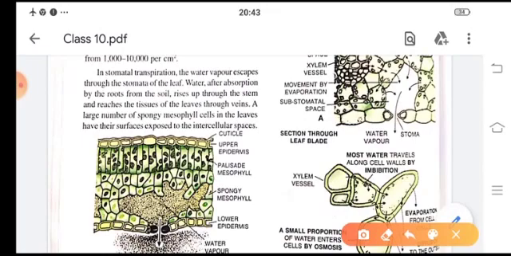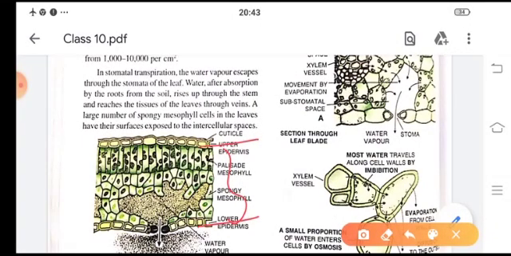Palisade cells and spongy cells are present between the upper and the lower epidermis, and the water which escapes from the cells gets saturated in the intercellular spaces with the air. Here you see the upper epidermis, lower epidermis, and mesophyll cells, which are divided into palisade mesophyll and spongy mesophyll cells.